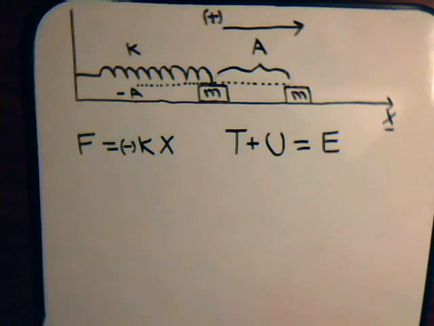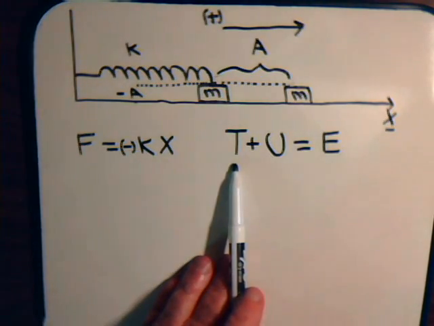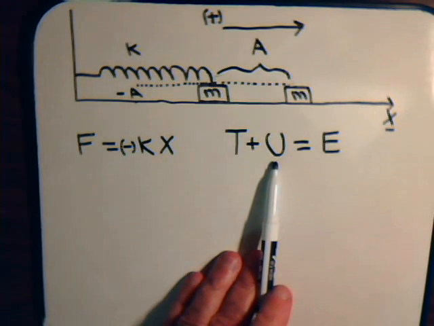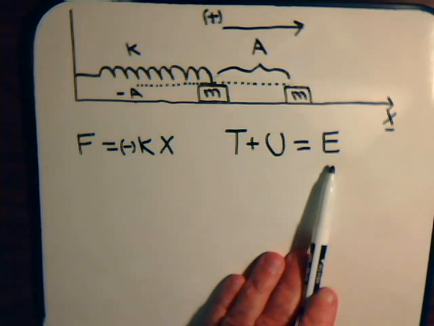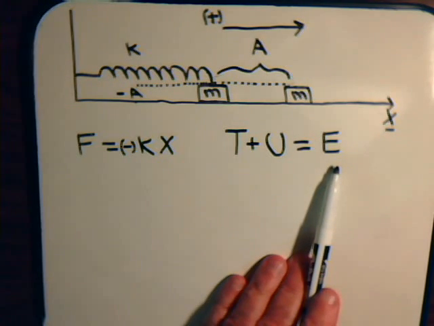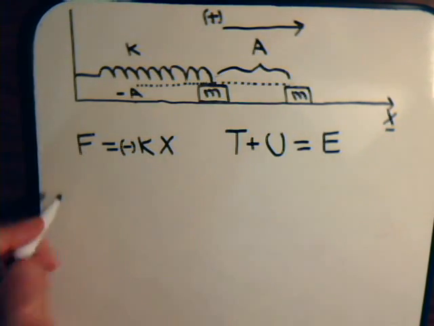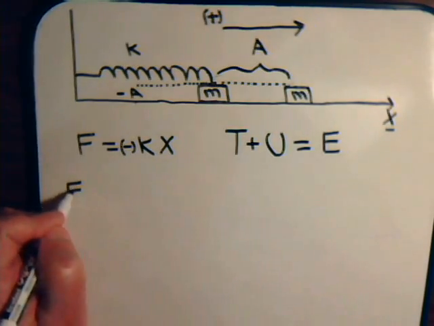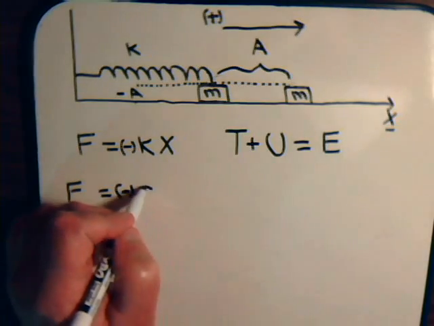For this type of system, the kinetic energy plus the potential energy, which in this video we'll designate U, gives us the total energy of the system, and that is a constant. Since this is a conservative system, the force F is equal to the negative derivative of the potential.